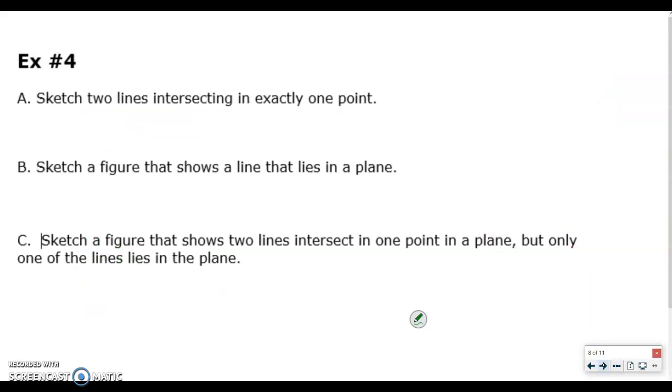Example number 4, we need to sketch 2 lines intersecting in exactly 1 point. Well, anytime you have two lines that intersect, they're going to intersect at exactly one point.